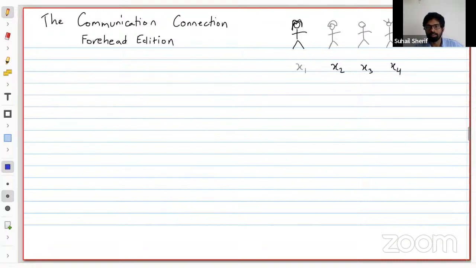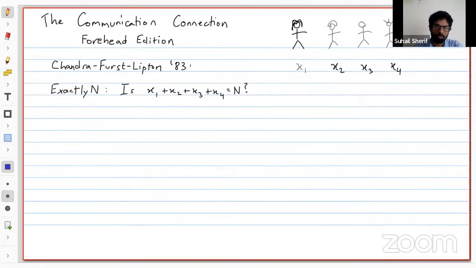model. So here a player cannot see their own input, but they can see all the other inputs. And they want to compute this function here, which is whether the sum of all their inputs equals a specific number n. This was introduced by Chandra, Furst and Lipton, who also in this paper introduced this model of communication.